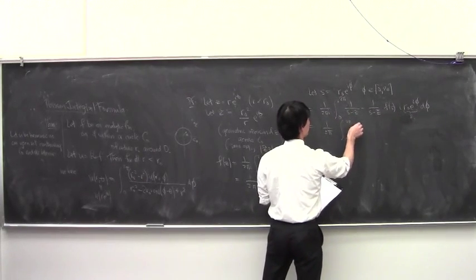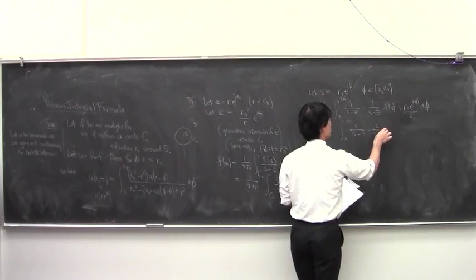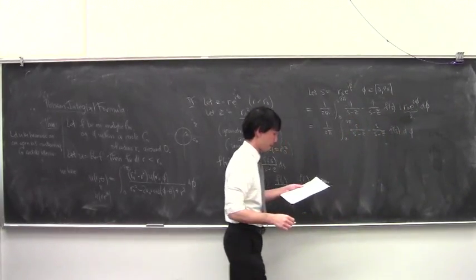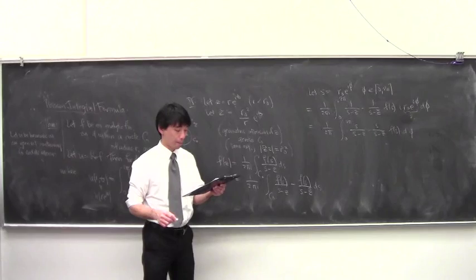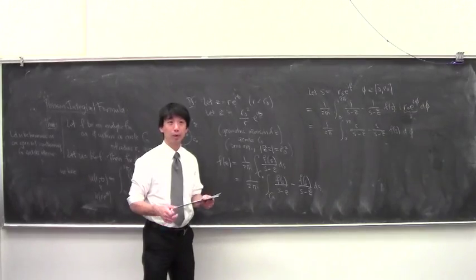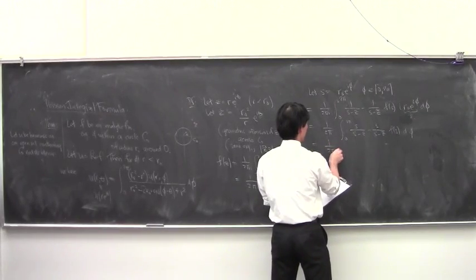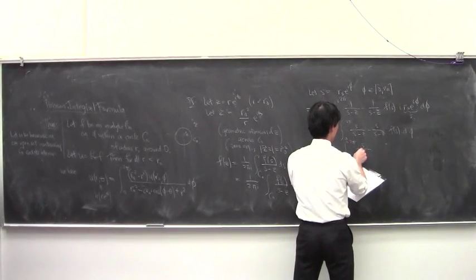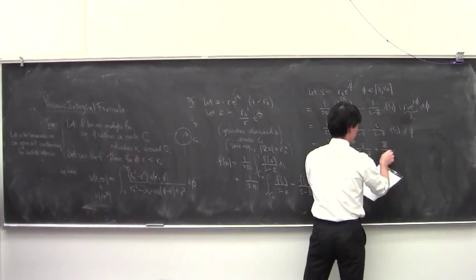You get s over s minus z, plus s over s minus z tilde, f of s d phi. Nothing going on. If you work it out, you can see that this is equal to this plus z bar over s bar minus z bar.